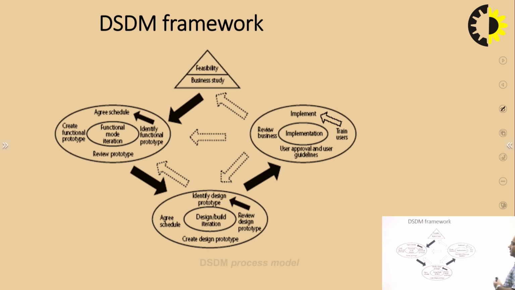The framework of DSDM has the same steps, but in a circle. So, the feasibility study will have some schedule. After the feasibility study or business study, we make a schedule, and in that schedule we create a functional prototype. We design a functional model, then create a prototype and identify the functional prototype, and after identifying we also review it, and after passing the review we do a design and build iteration, and after that we do the implementation.